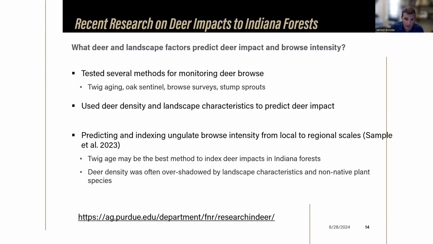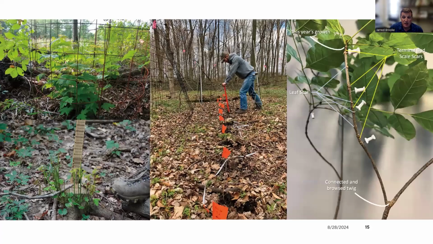So here are just a few examples of some of the browse monitoring methods we used. On the left here is stump sprouts, where we would create stump sprouts with a chainsaw, and we would cage half of them and leave half uncaged, and then we would measure the difference between the height of the caged sprouts and the height of the uncaged sprouts to get an index of how much browsing was occurring.